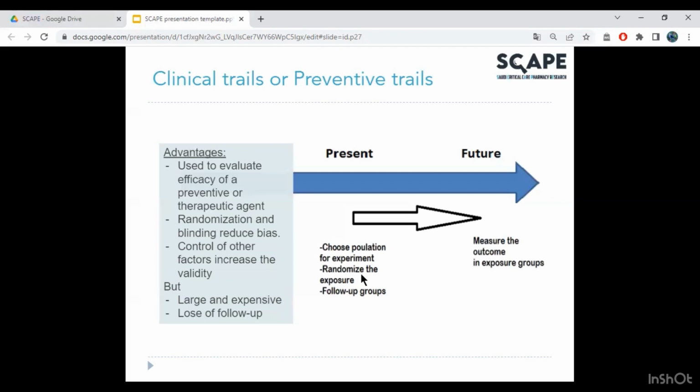So you will not intervene as a researcher to allocate those patients. For example, a researcher might say, I know these patients will benefit more from our intervention, so I will put them in the experimental group.